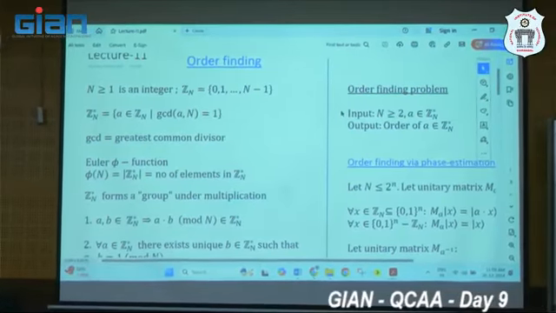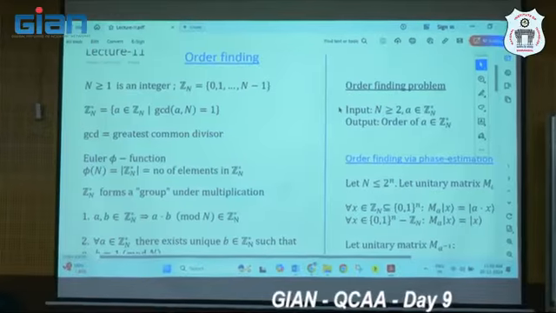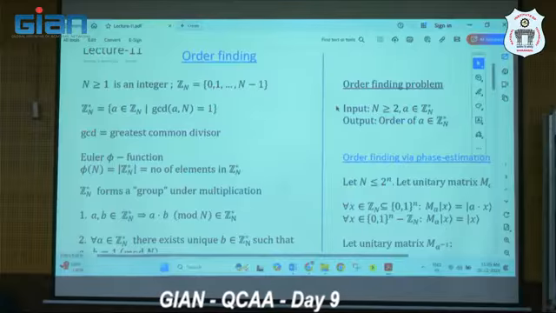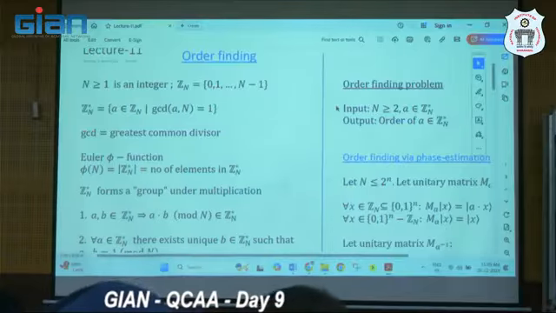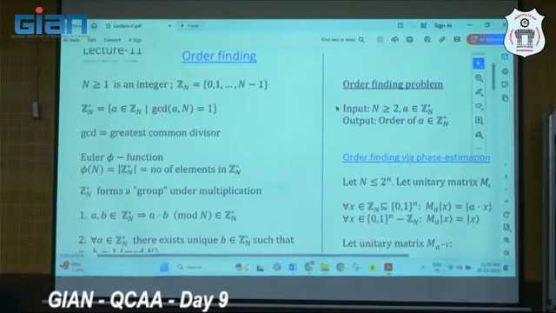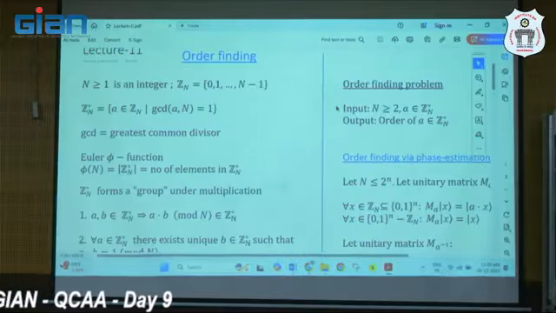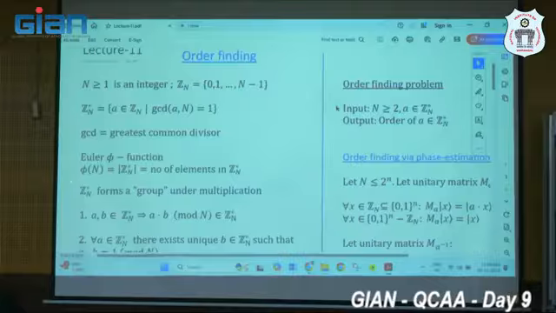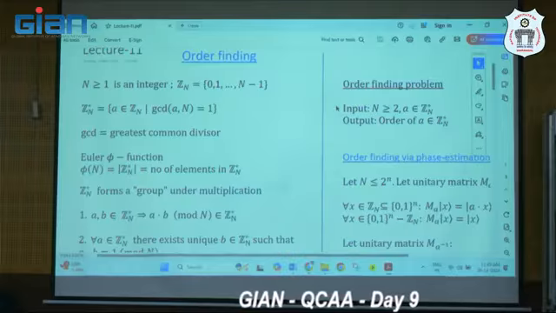No common factor other than 1. Agreed? Greatest common divisor GCD should be 1. Now the number of elements in Z star n is what is known as this Euler function, phi of capital N.